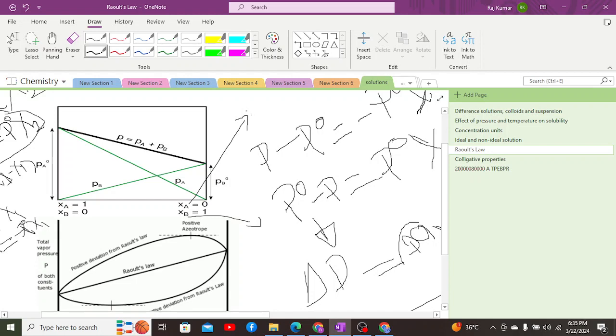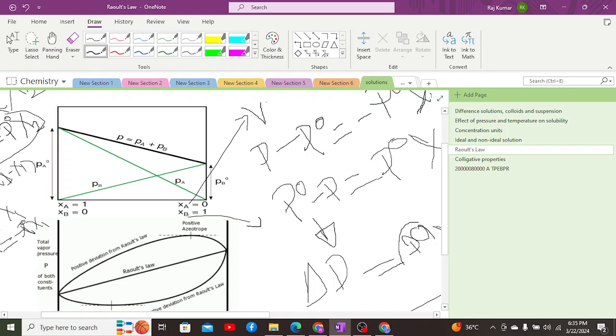Since A has a low boiling point, it is supposed to have a higher vapor pressure at constant atmospheric pressure.